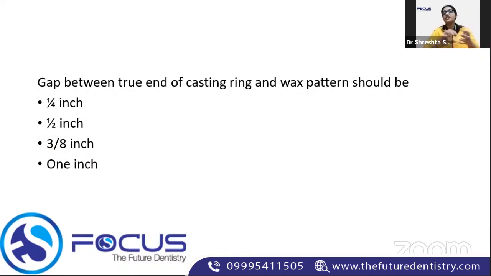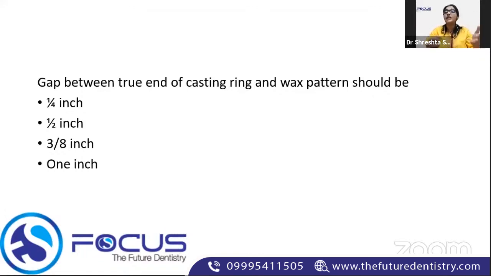Now, this is very similar. What is the difference, or the gap, between the end of the casting ring and your wax pattern? How many millimeters or how many inches is it going to be? Yes, exactly. So this same question can be asked in two different ways. Either they can ask you how many inches, and your answer is going to be 1/4 of an inch.